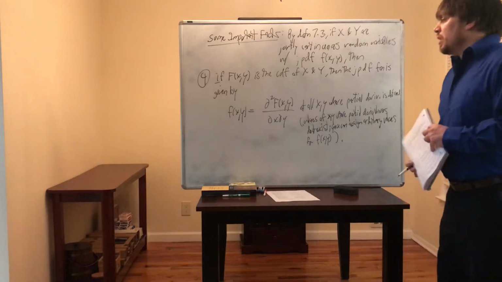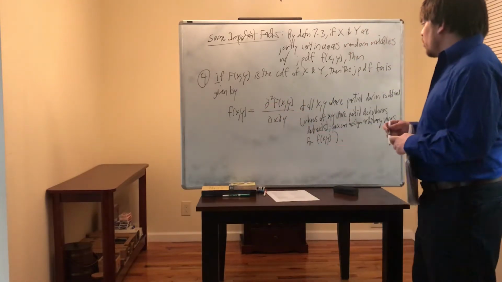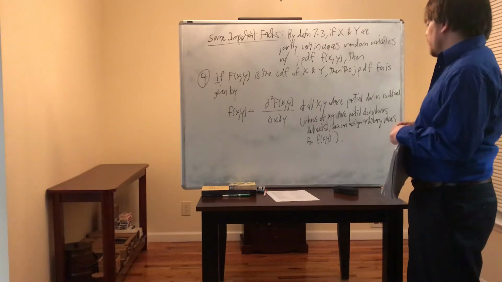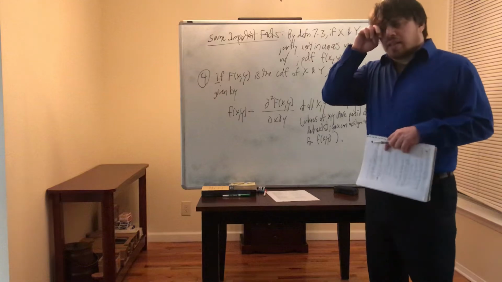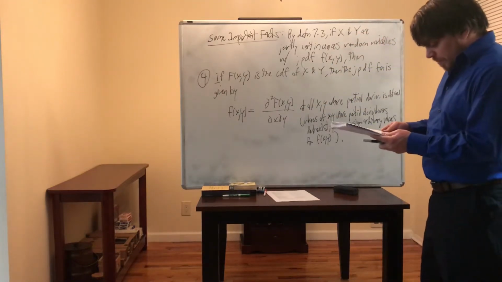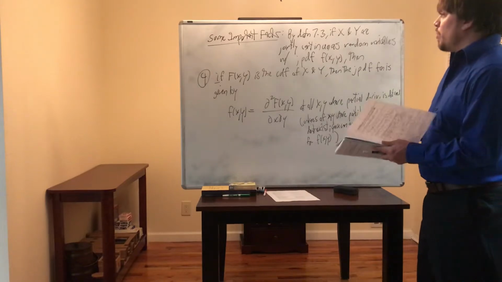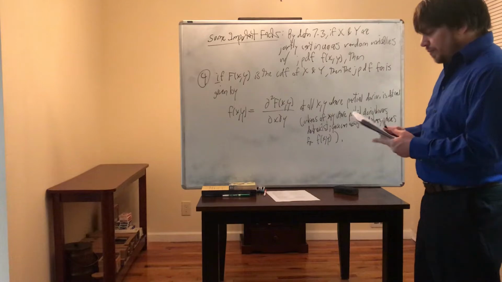So little f is d2 capital F dx dy at all points x, y where the partial derivative is defined, and where it is not defined, you can just assign any arbitrary value for f you want. Okay, so those are 4 important facts after that definition.